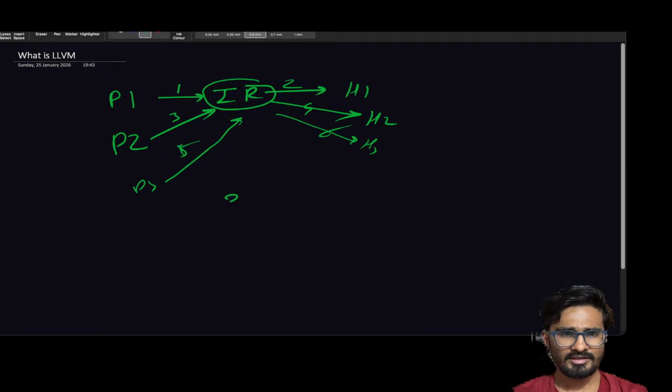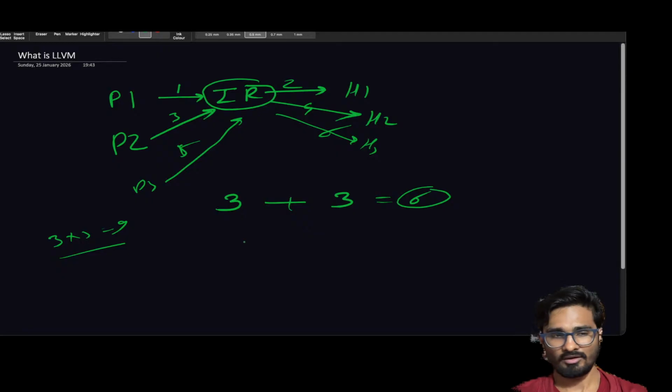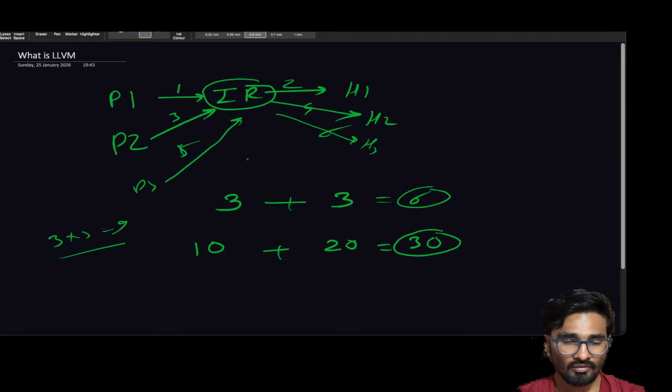So there are a total of 3 front ends and 3 back ends. Due to the IR, we have to write 3 plus 3 equals 6 compilers. But if we don't create an IR, then we have to write 3 times 3 equals 9 compilers. Let us suppose now, this is for small numbers. If we have 10 front ends and 20 hardware back ends, then we would have to create 200 compilers if we are not generating any intermediate representation.